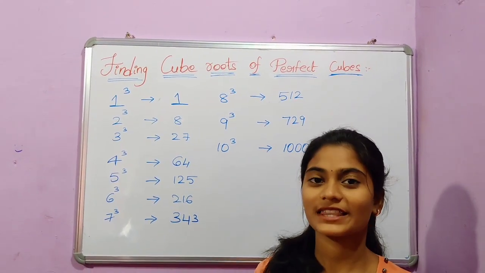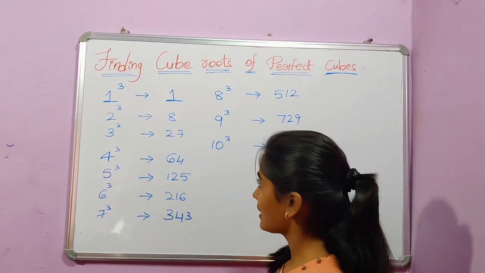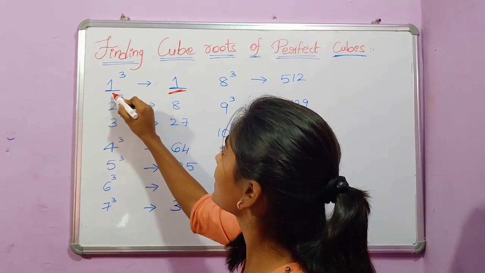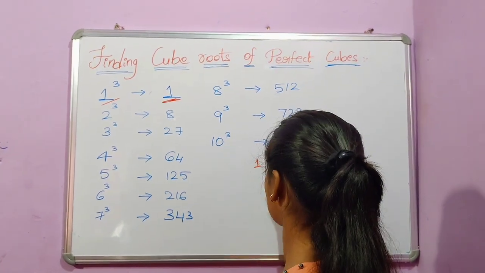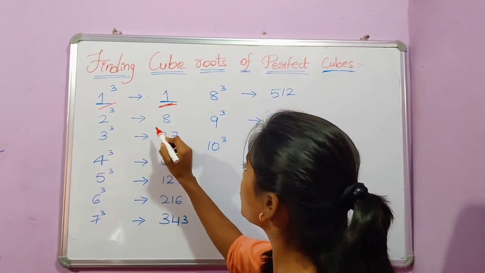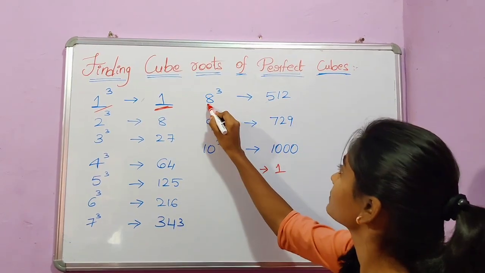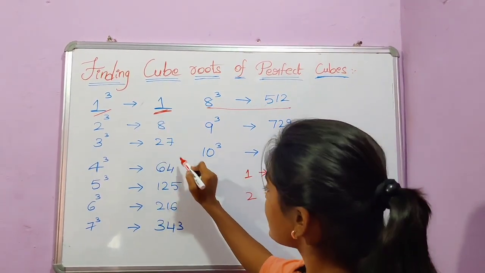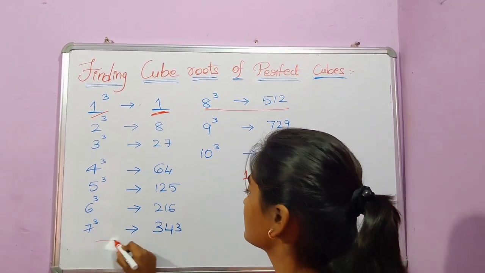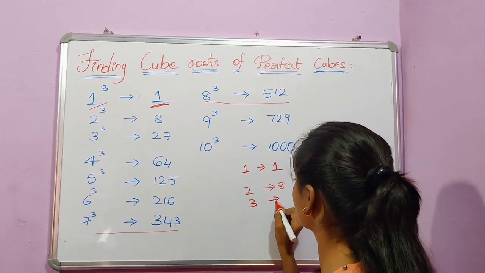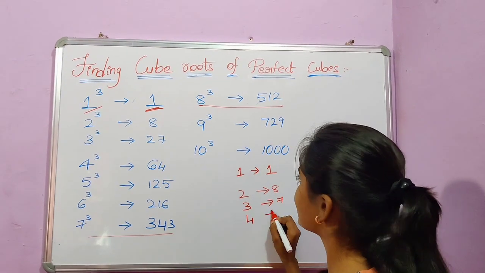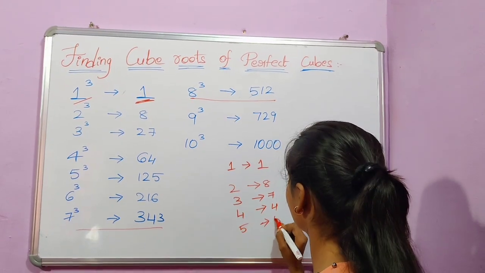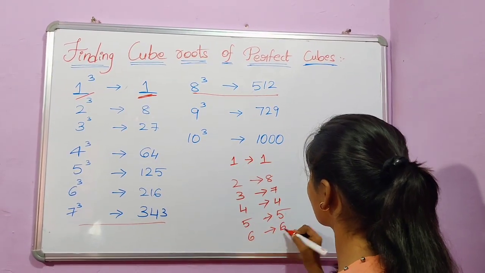Let's know the trick to find the cube roots of perfect cubes. If you observe carefully, here we are getting 1 as last digit in only one case, 1. 1 as last digit in 1 and 2 as last digit in 8. 2 as last digit in 8 and 3 as last digit in 7. And in the same way 4 as last digit in 4. 5 as last digit in 5. 6 as last digit in 6.